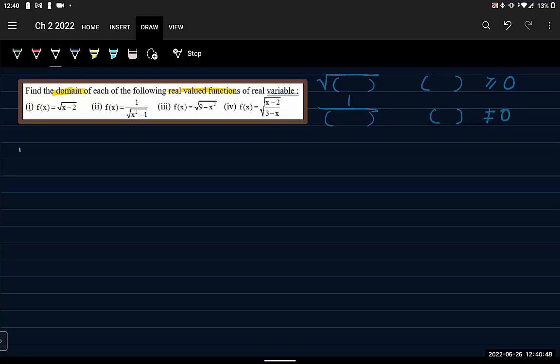Let us take our first function, which is f of x is equals to under root of x minus 2. Here we have something inside the root.